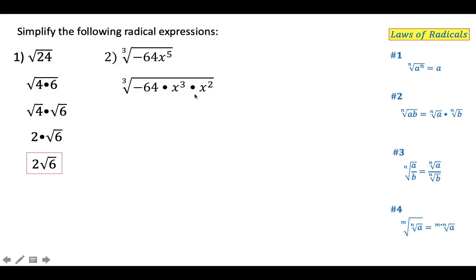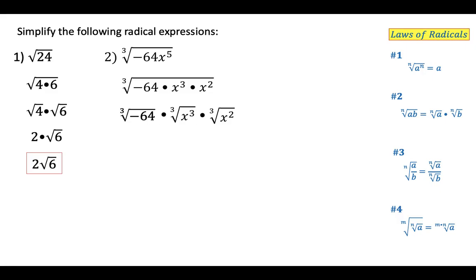For what reason? If we're going to use law of radicals number 2, we're going to expand them: the cube root of negative 64 times the cube root of x cubed times the cube root of x squared. Then we will now simplify each expression.